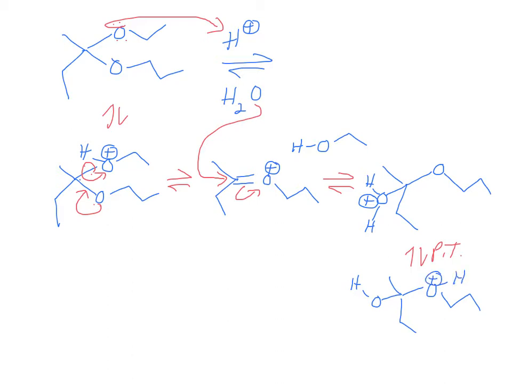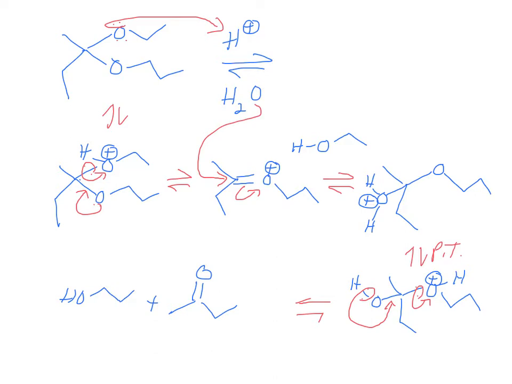Good. Now at this point, we have a tetrahedral intermediate with a good leaving group. Let's kick our H plus down, kick out our alcohol. We get to our final product here, which is a ketone plus isopropanol.